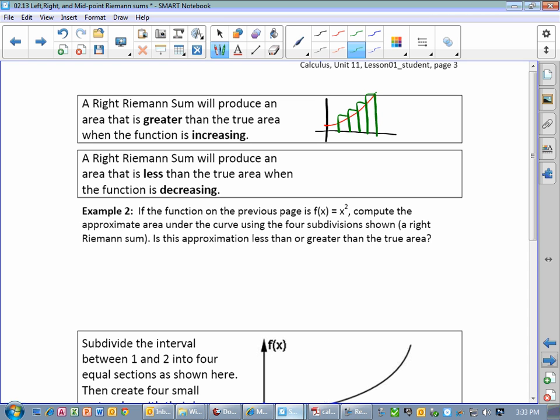However, if we have a decreasing function and we do a right Riemann sum, then notice we get an underestimate. There's that extra space. I said slight, but that's not necessarily true. It's definitely an underestimate.